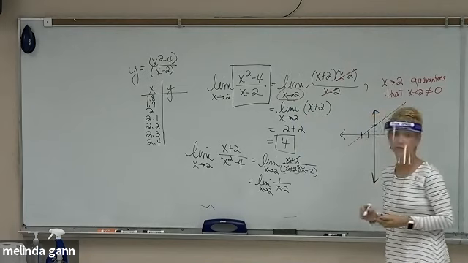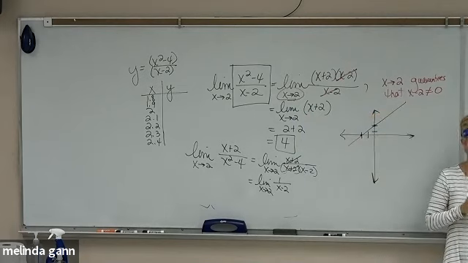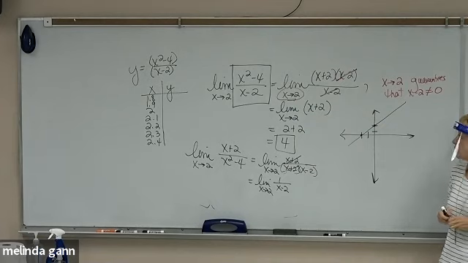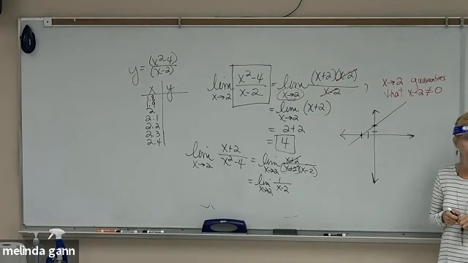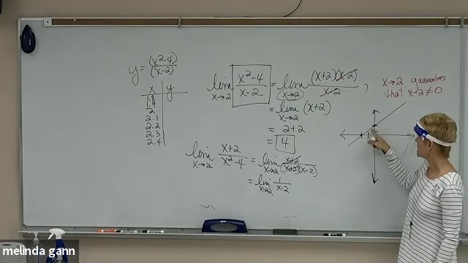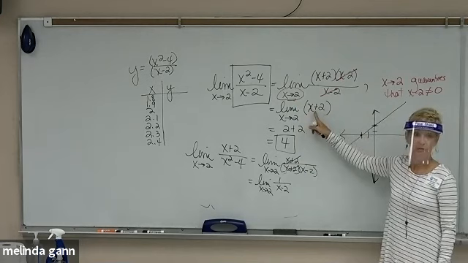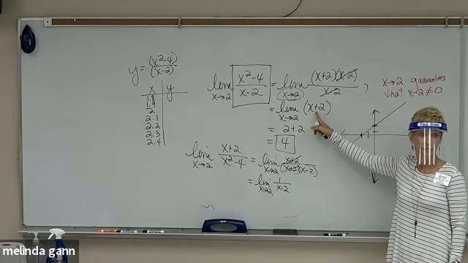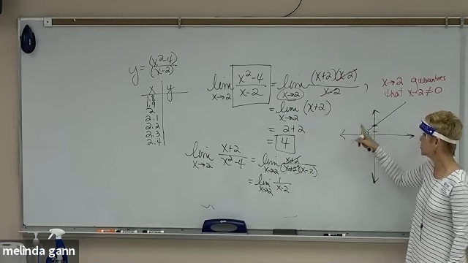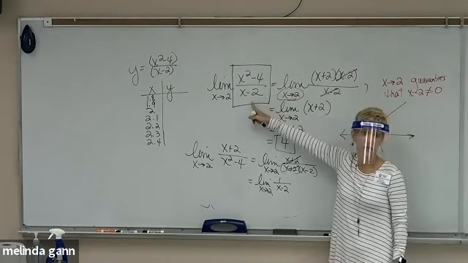All right, did you get that picture on your graphers? It's not right. What's wrong with it? This is the graph of x plus 2. What do you know x cannot be in this function? We just talked about it.